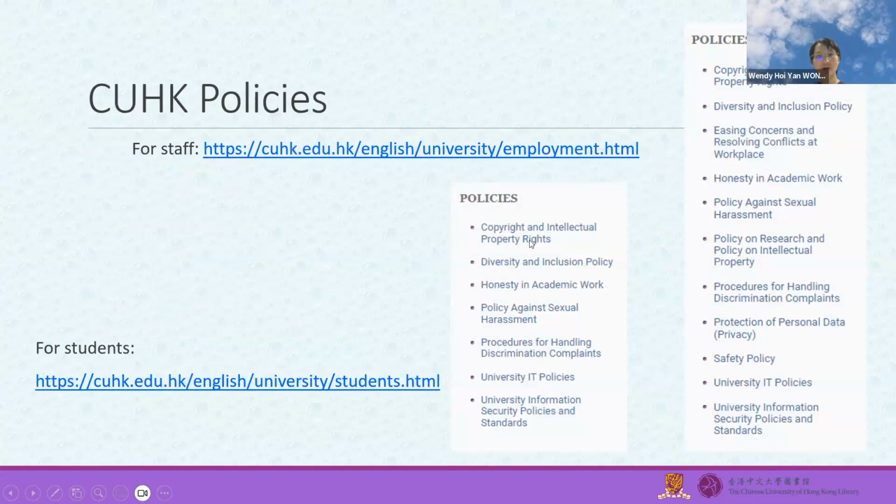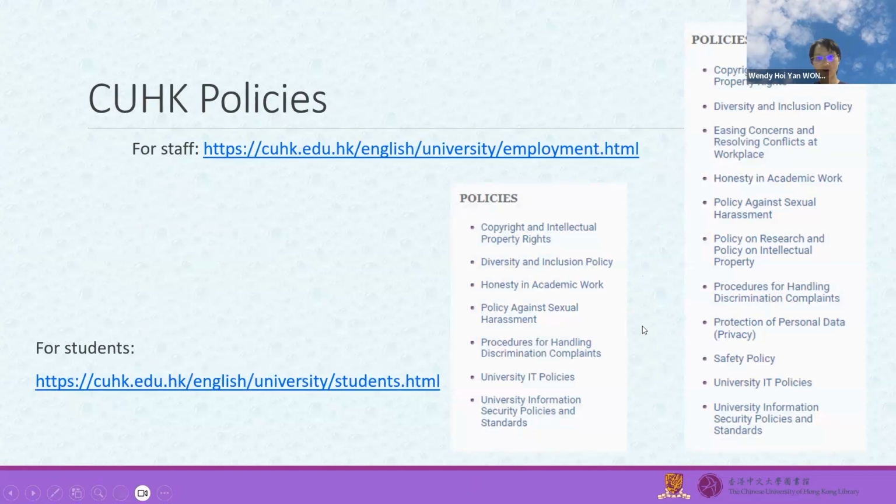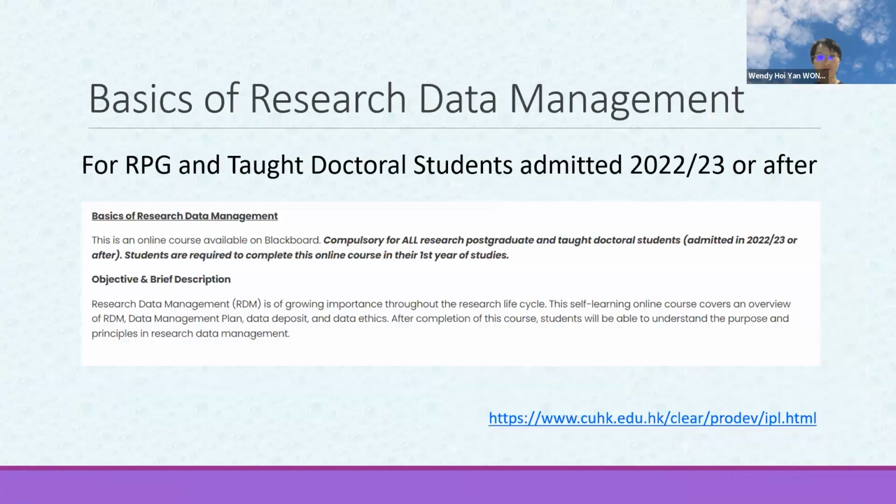So these are the policies from the university, and the policies at CHK also refer to some of these. For example, copyright and intellectual property rights and the privacy issue are something that you have to be aware of when you do your research data management planning and research data management.